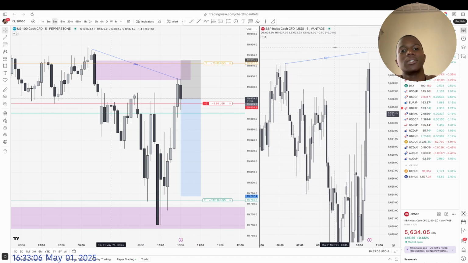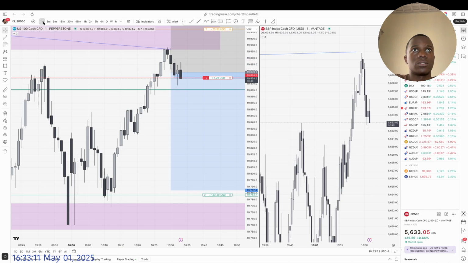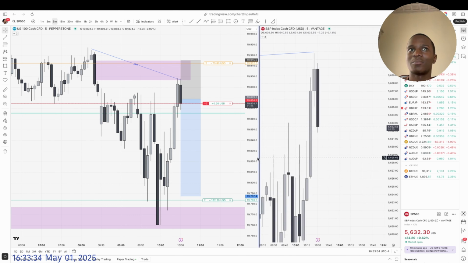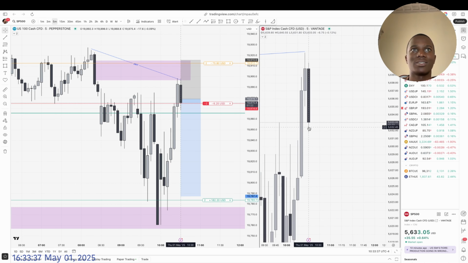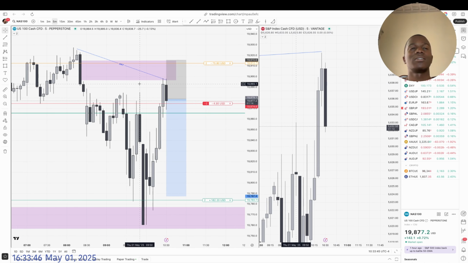Okay, let's wait and see now. Okay, if you're taking a closer look, you can see that the S&P is dropping way more than the NAS is, because on this candle, look at this whole move, while the NAS hasn't moved that big.